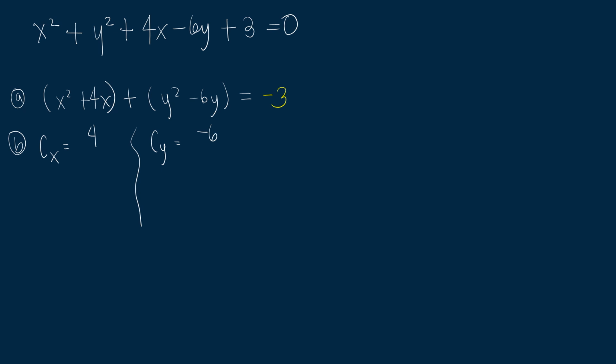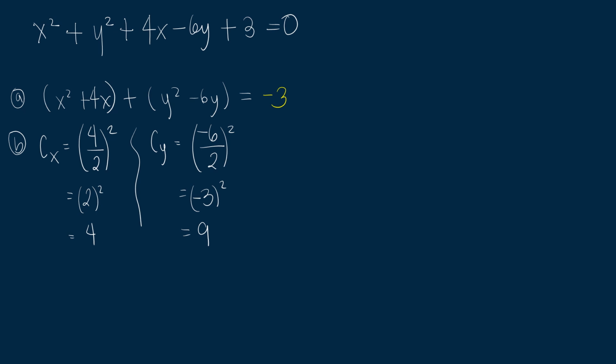According to the steps, we need to get half of that coefficient and square it afterwards. So 4 divided by 2 is 2 squared, and negative 6 divided by 2 is negative 3 squared. Simplify: 2 squared is positive 4 and 3 squared is positive 9.